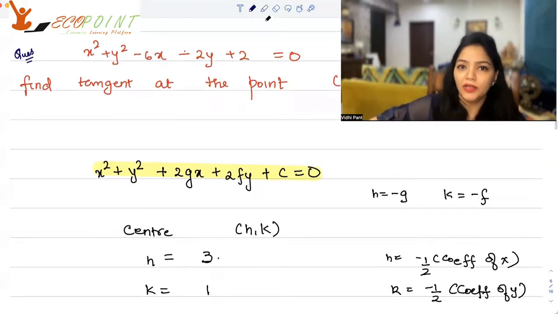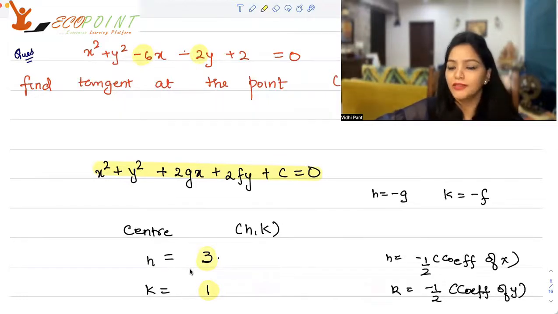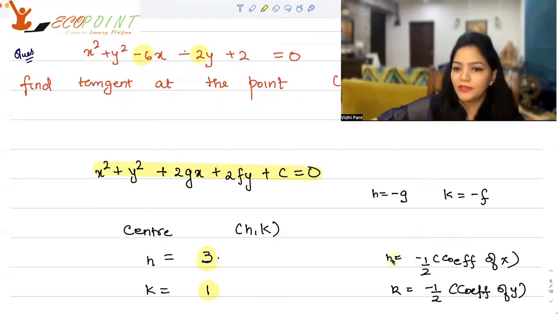Clearly the center will be, since you have minus 6x here, negative of half of this, so that's 3, and for the coefficient of y, negative half of that, so 1. So (3, 1) is the center. Do not forget this. This is the simple way of remembering it.